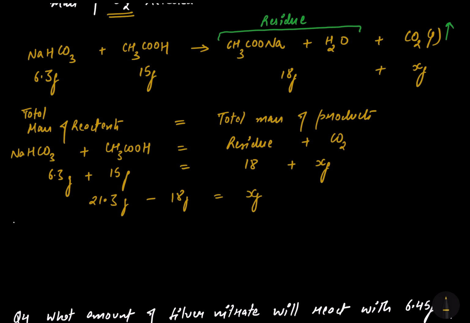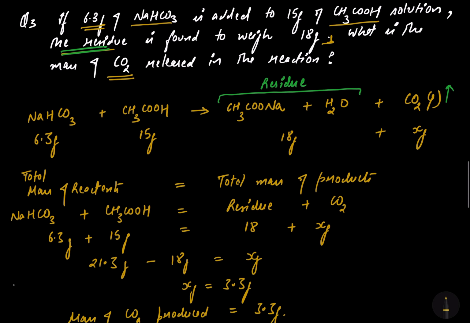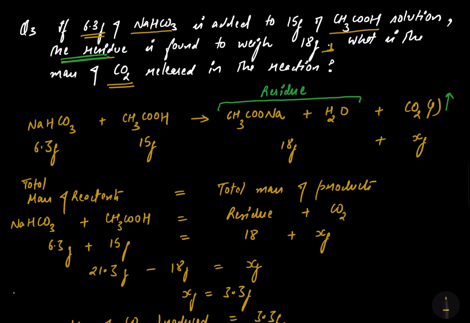My x grams comes out to be 3.3 grams. So the mass of CO2 produced comes out to be 3.3 grams. So I'm done with my third numerical.